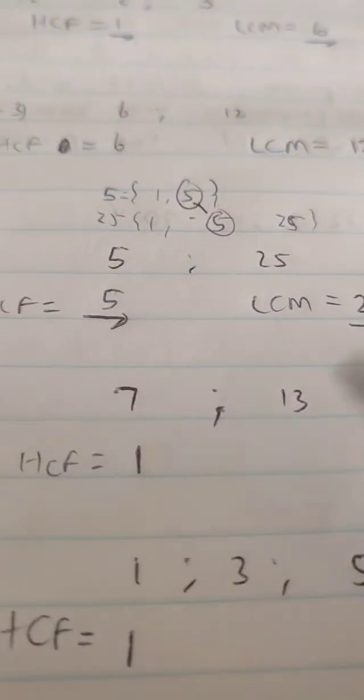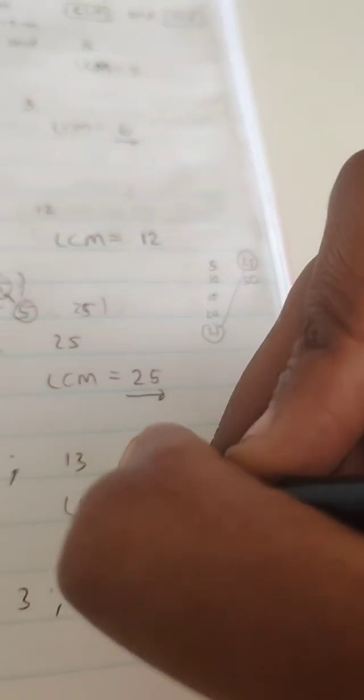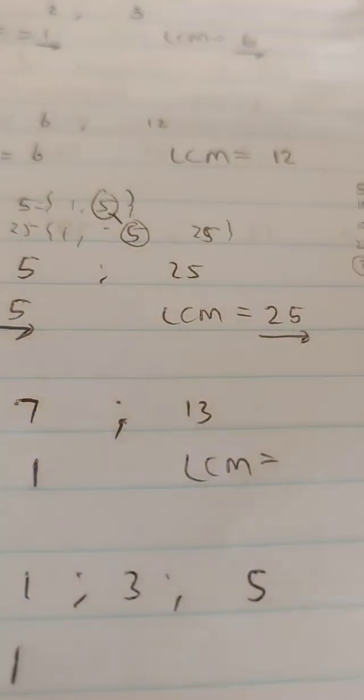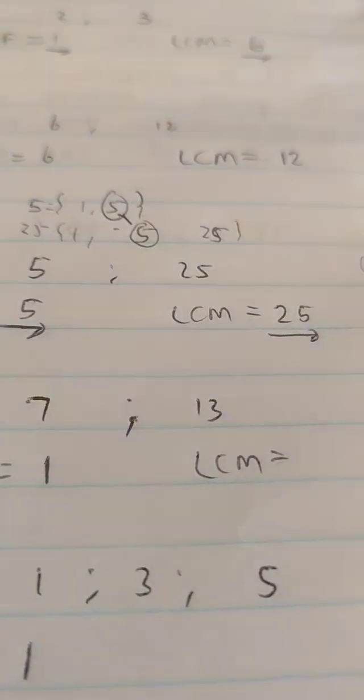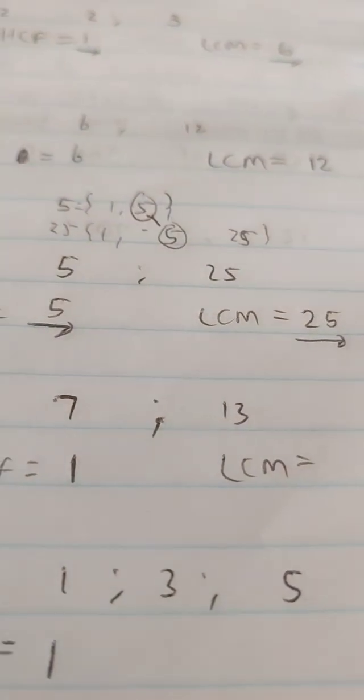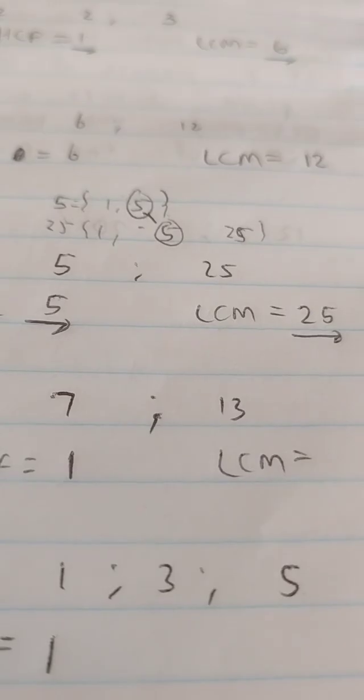Okay, sorry. Then what is the lowest common multiple between 7 and 13? What is the lowest common multiple between 7 and 13?